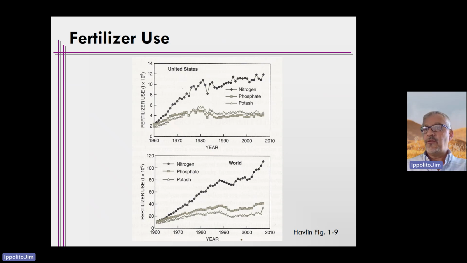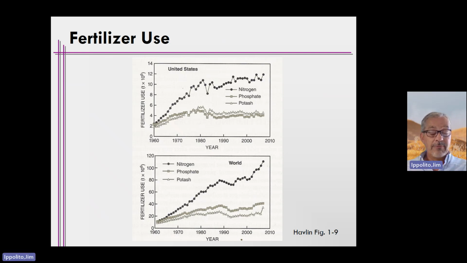And what do we see? We see a strong uptick from, actually the uptick likely started where you can't really see it on this graph, but back in the 40s. And it continues today. And what these two graphs tell you is that nitrogen is king.